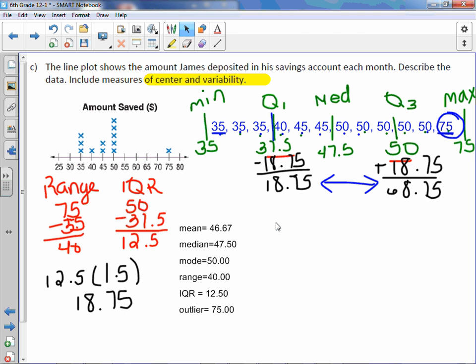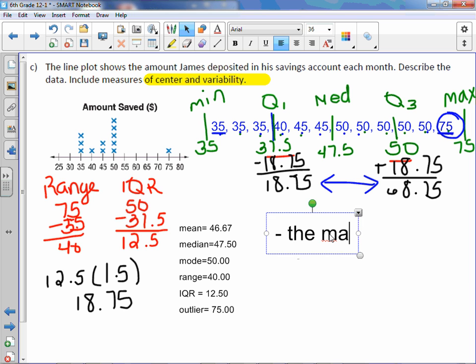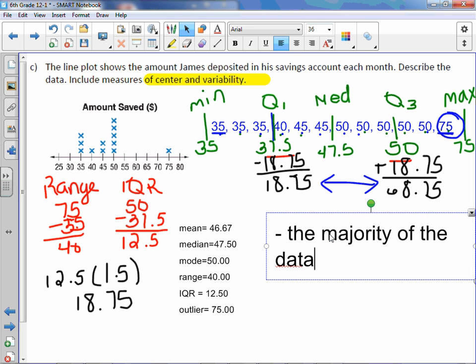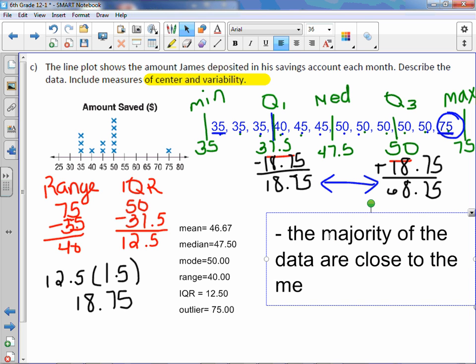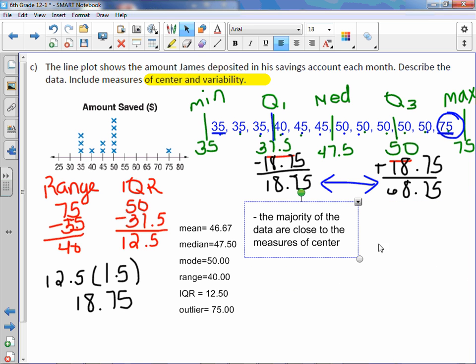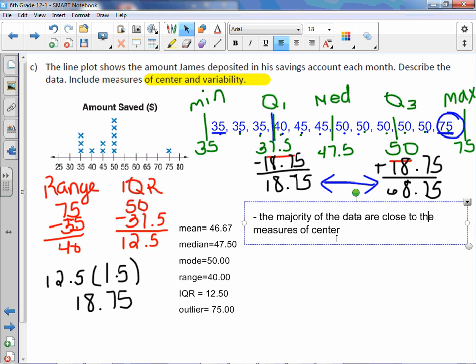And I do want to jot something down about the median. So let's write the first one down. We have the majority of the data are close to the measures of center. Again, your measures of center are mean, median, and mode. And let's talk about the median.